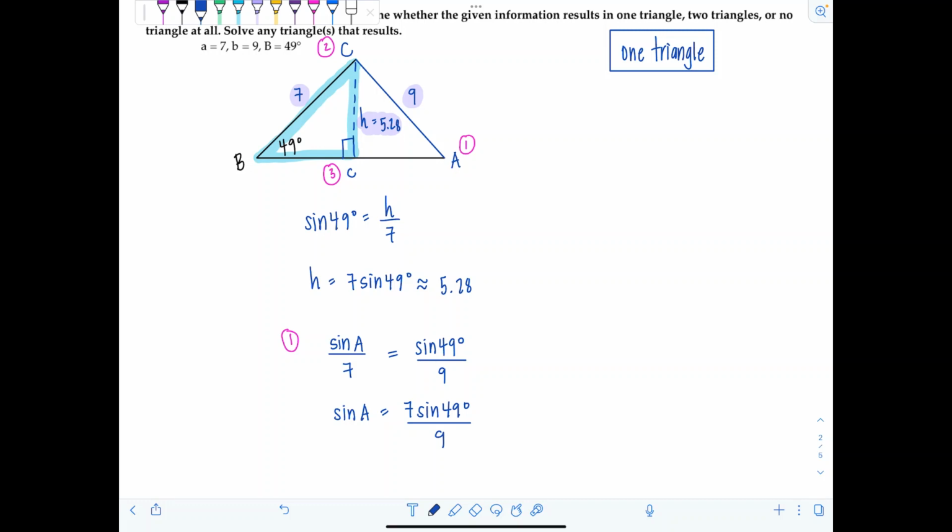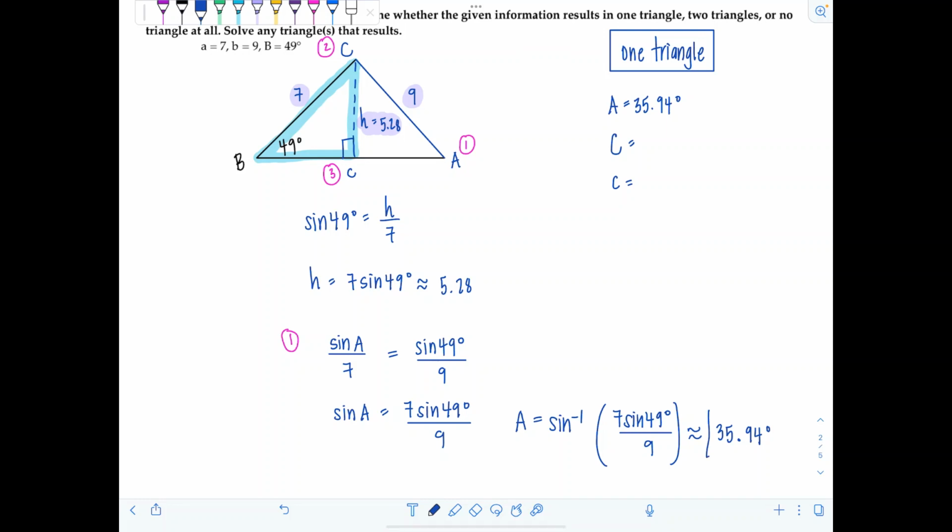And so A equals sine inverse of 7 sine 49 over 9. And then this you just do in the calculator. We're going to round to 2 decimal places. So sine inverse of 7 sine 49 divided by 9. And you should get about 35.94 degrees. So that's angle A, 35.94 degrees.